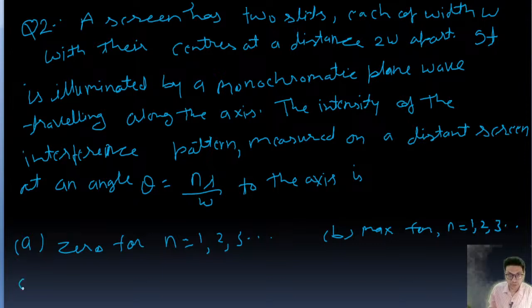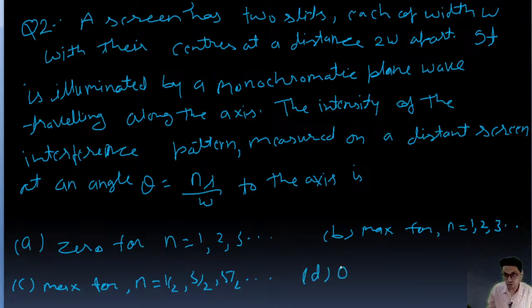Option C is maximum for n equal to half, 3 by 2, 5 by 2 and so on. And option D is 0 for n equal to 0 only. Okay, so this is the question.